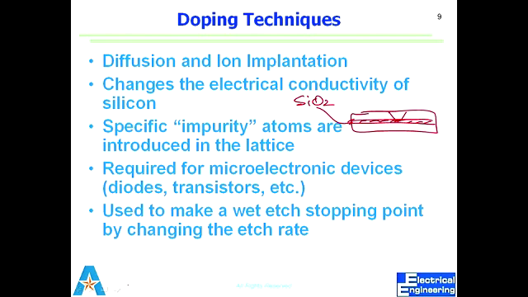The simple example is if I want to make a silicon dioxide layer, I can do that on the top and bottom by oxidation. But if I want to make it in the middle of the bulk, I can do that as well. Not by diffusion, because if I do diffusion, I cannot control the concentration of oxide in a confined region. This will clear up as we go along.